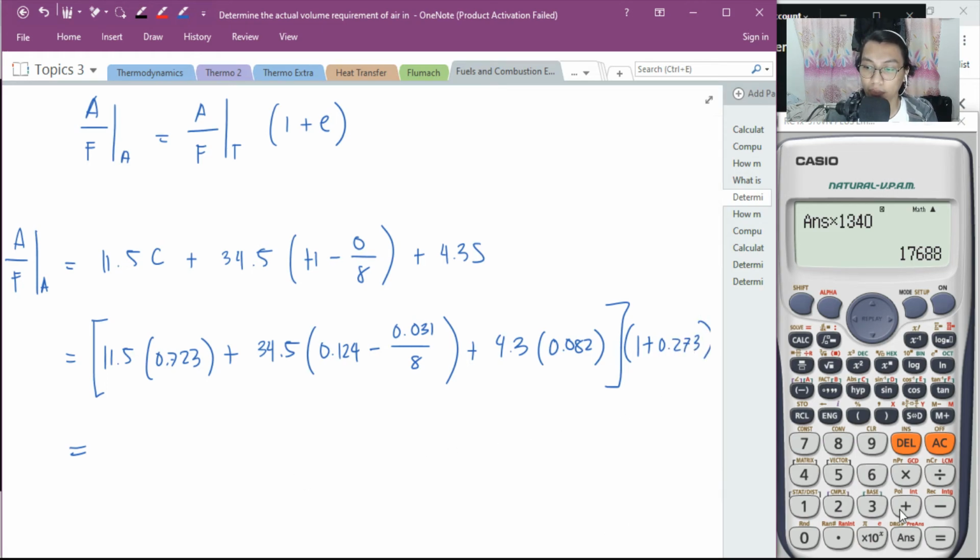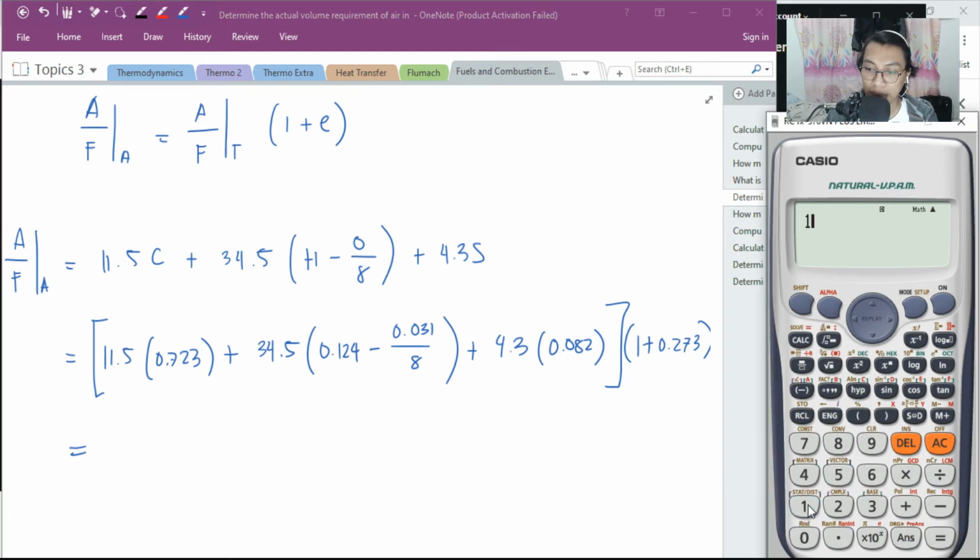Okay. 11.5 alpha A plus 34.5 alpha B minus alpha C divided by 8 plus 4.3 alpha D. Calc. 0.723, 0.124, 0.031, and then D, 0.082.